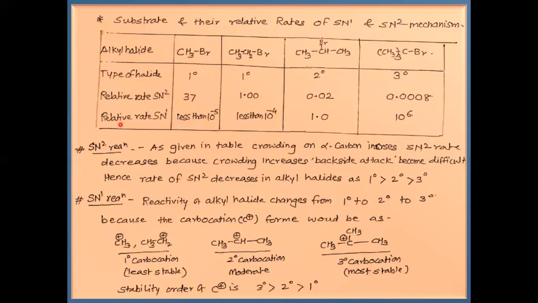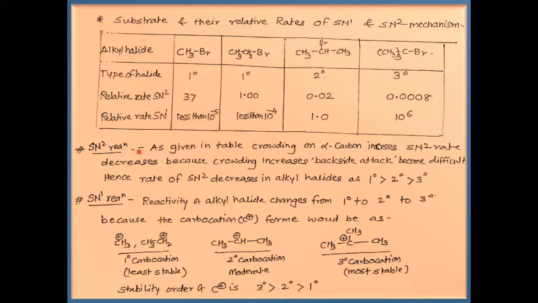For the same compounds, if we see the relative rates for SN1 reactions, for primary alkyl halide it is less than 10 raised to minus 5, less than 10 raised to minus 4. For secondary it is 1, and it is greater than 10 raised to 6. This means SN2 reactions are favorable for primary alkyl halides and the SN1 reaction mechanism is favorable for tertiary alkyl halides.